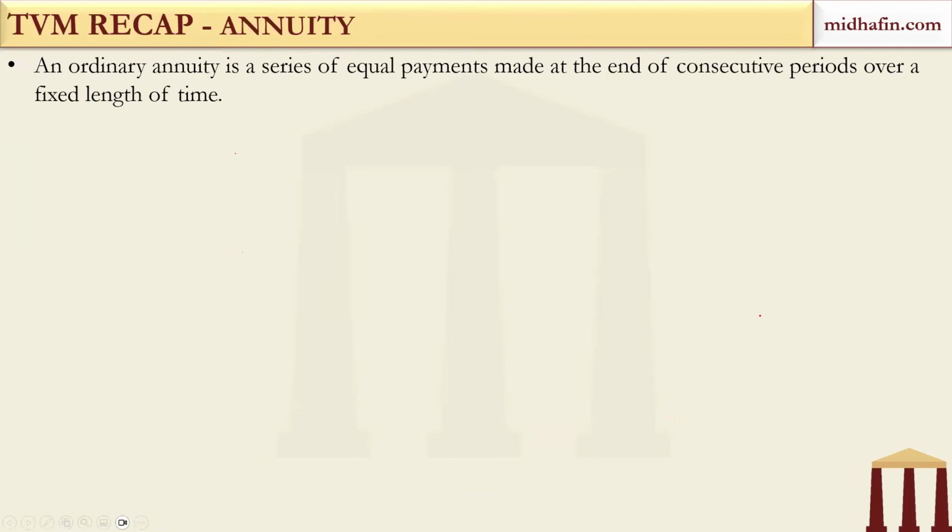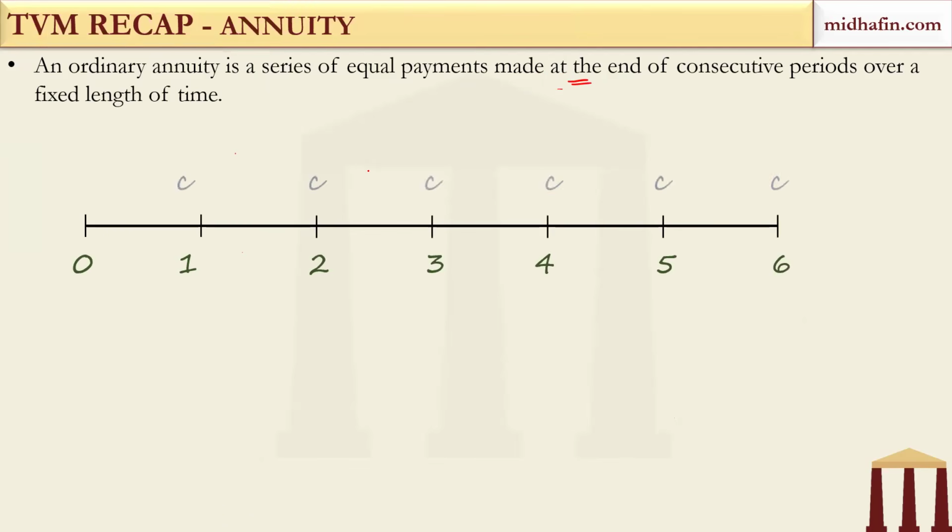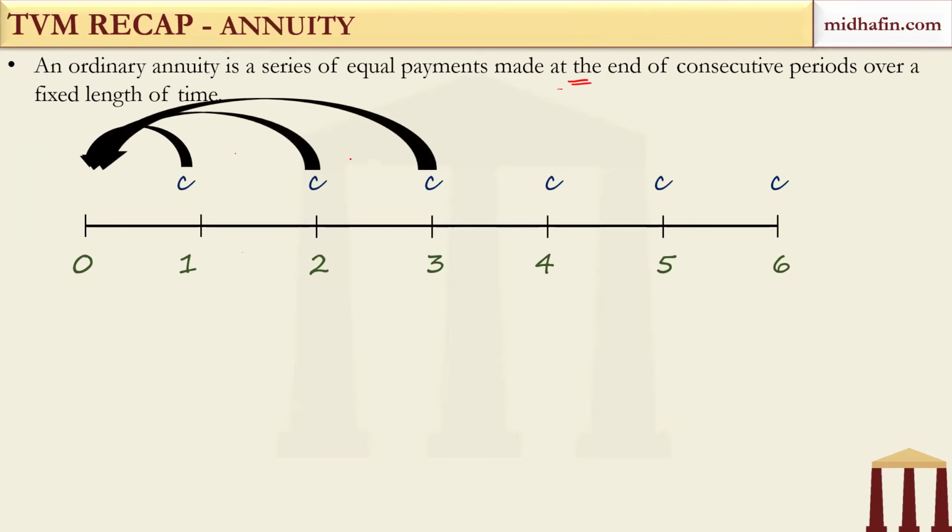Okay, what is annuity? Annuity is a series of equal payments made at the end of consecutive periods over a fixed length of time. So let's say there are these coupons, C, fixed equal payments. You just find out their present values, you get the value of the annuity. Now there is one important factor which we have introduced, which is the annuity factor.